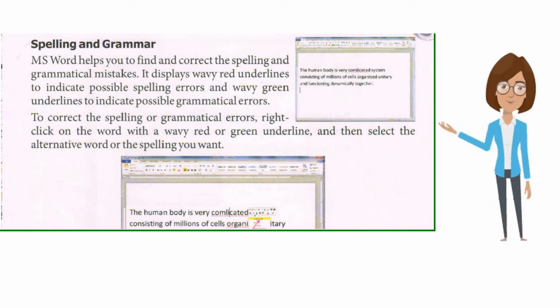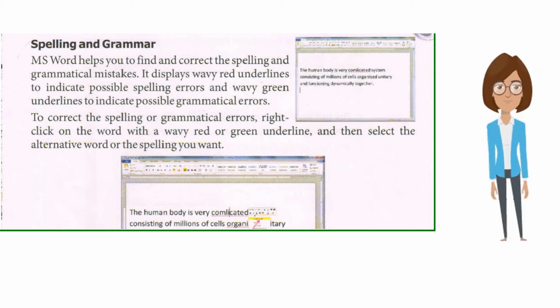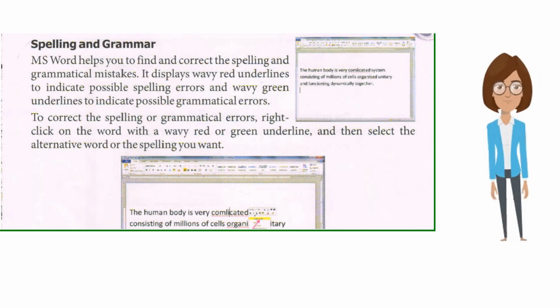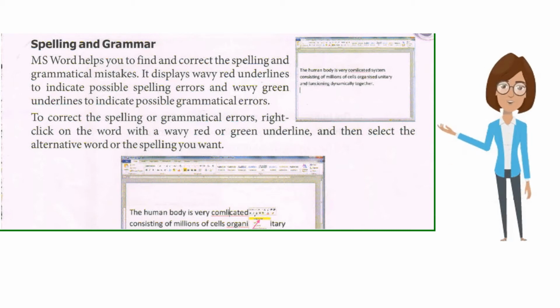Spelling and grammar. MS Word helps you to find and correct the spelling and grammatical mistakes. It displays red underlines to indicate possible spelling errors and green underlines to indicate possible grammatical errors.